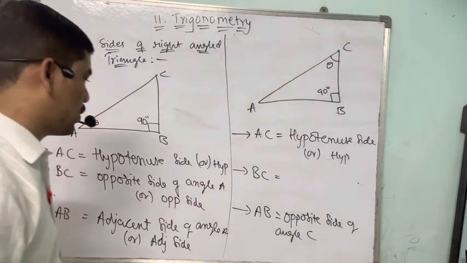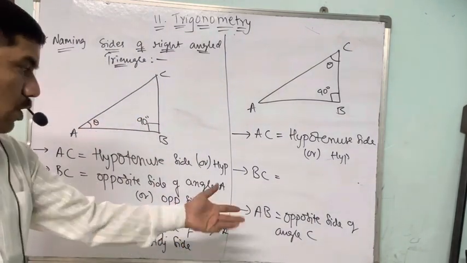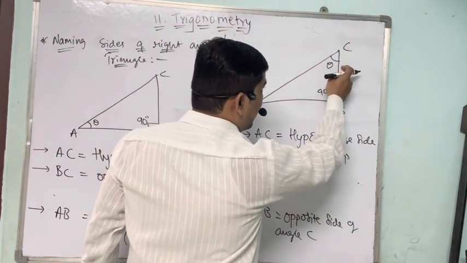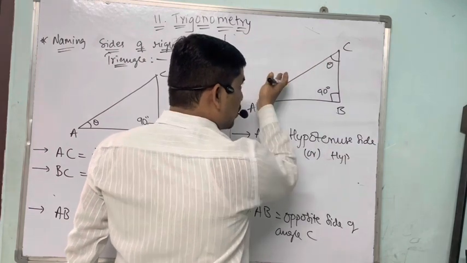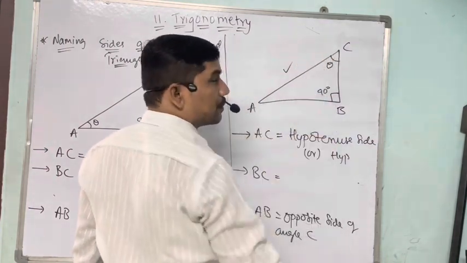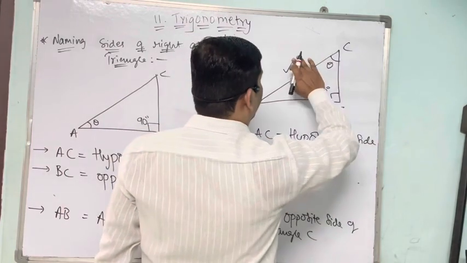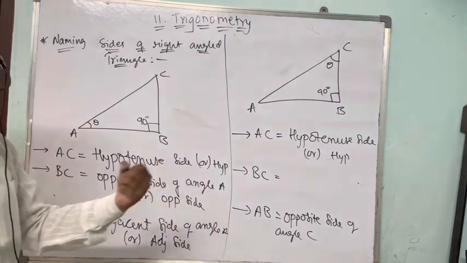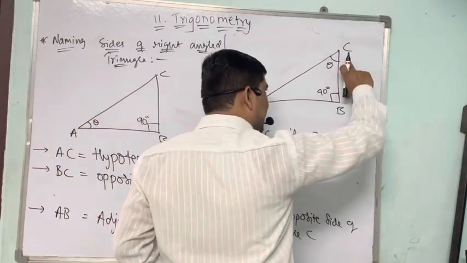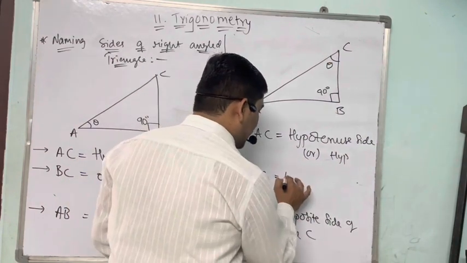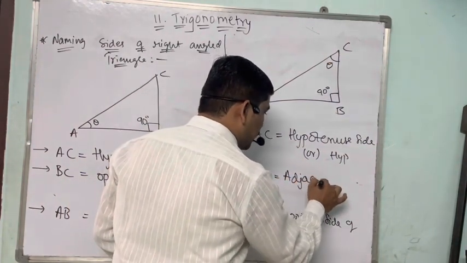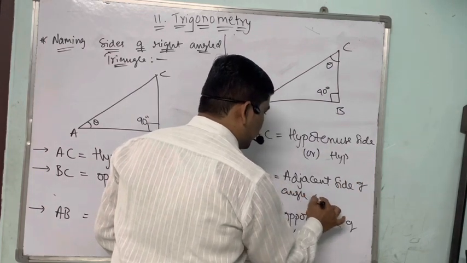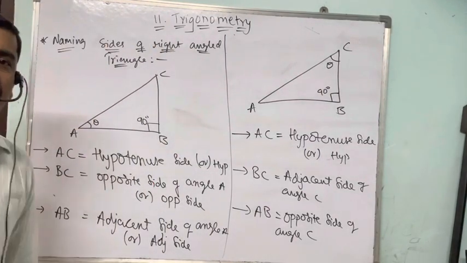Short form I wrote here already, so I'm not writing again. Now BC is left out. BC is next to theta. AC is also next to theta, but we named it hypotenuse because it's opposite to 90 degree. So BC is adjacent to theta. That's why we call it the adjacent side of angle C, or adjacent side to theta.